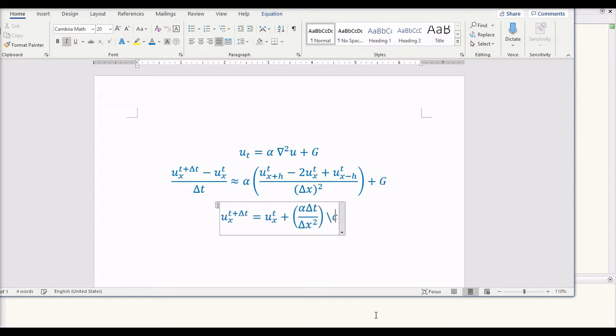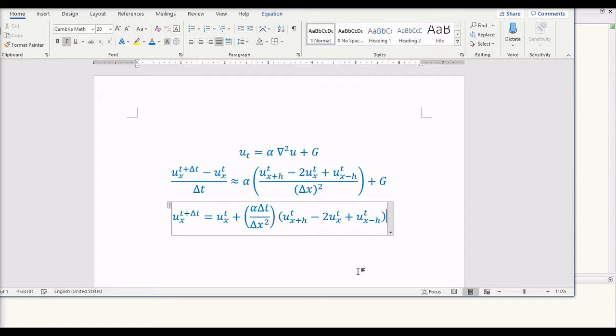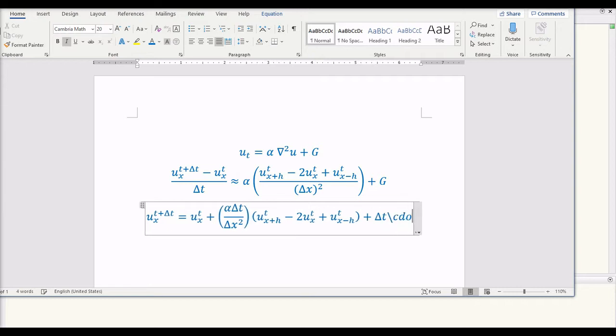So this is a constant multiplied by this term here on the top. Let's see if I can highlight that. Great. And then we're going to have plus delta t times g.